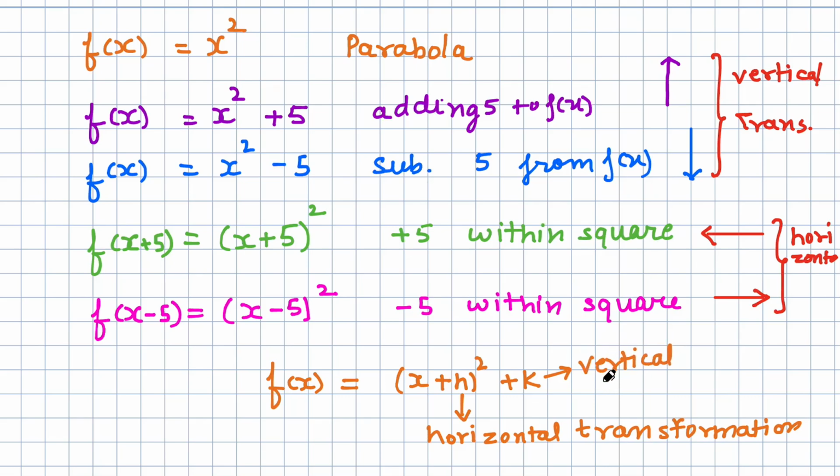So when we are adding or subtracting, they are showing rigid transformations. But when we multiply or divide, those transformations will not be rigid. They will change the shape of the parabola. So this is the vertical transformation, right?